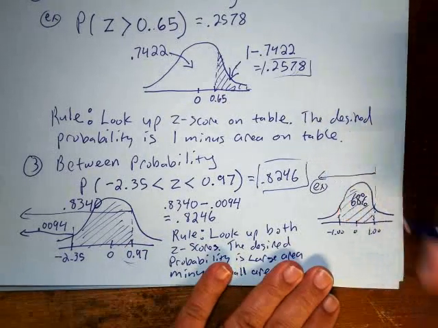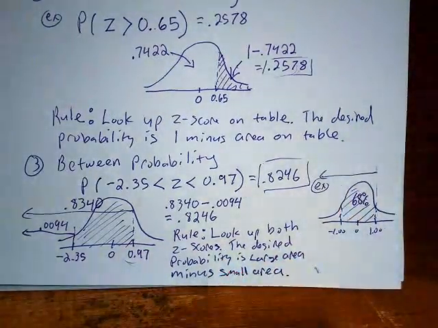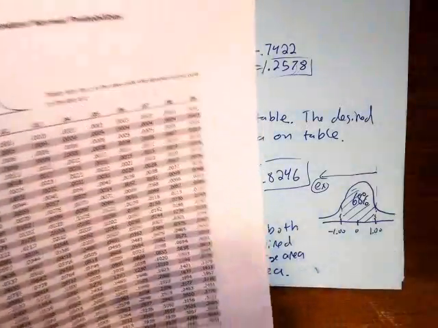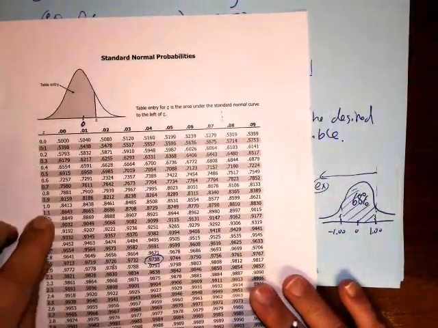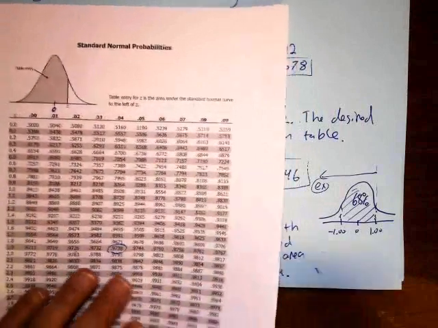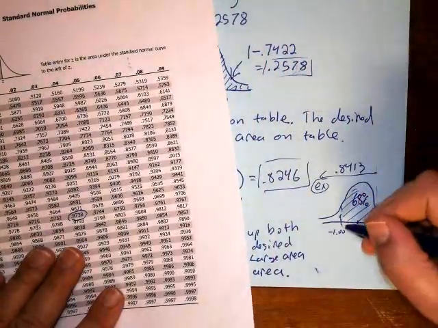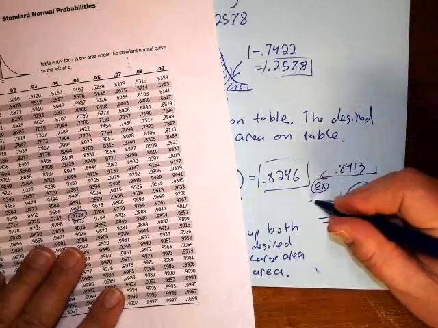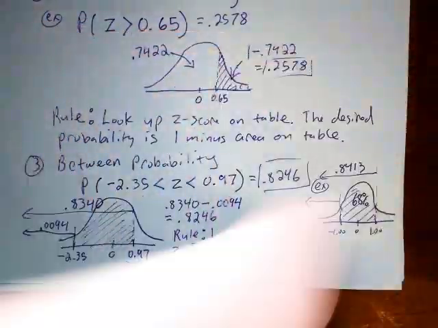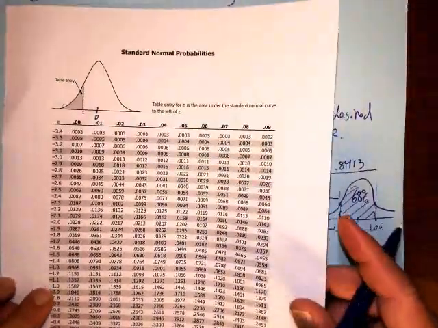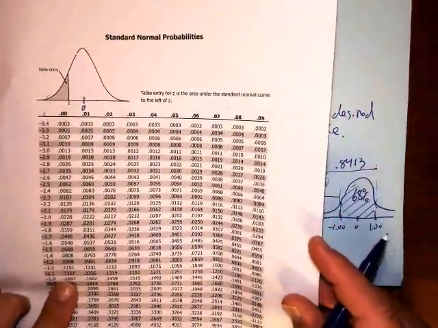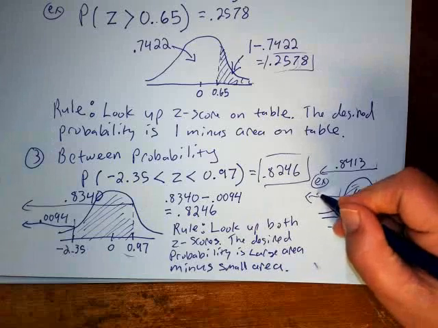Let's see what happens when I look it up on the table. If I look up on the positive side, 1.00, I get 0.8413. And when I look up below -1.00, I get 0.1587.